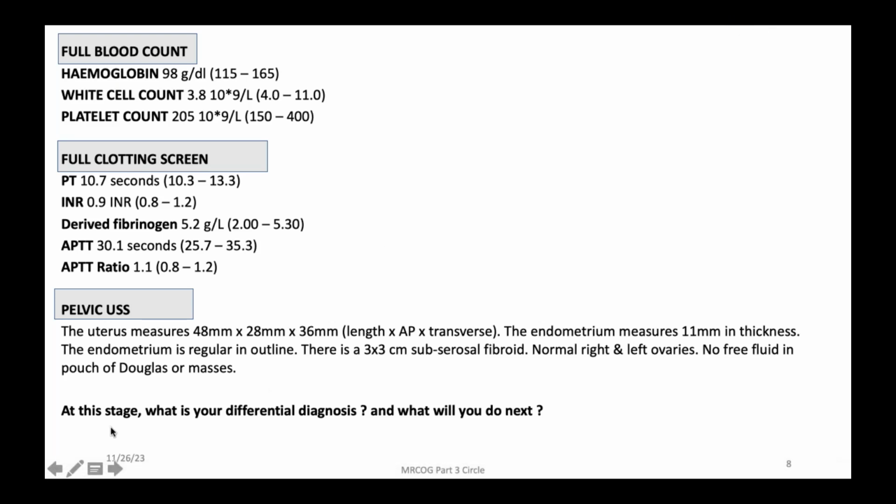At this stage, what is your differential diagnosis? Narrow down the differential diagnosis you mentioned at the beginning according to the scan findings. Think about your differential diagnosis for thick endometrium. After you mention it, tell me what you are going to do next to know the exact reason for the bleeding, or in other words, the thick endometrium.